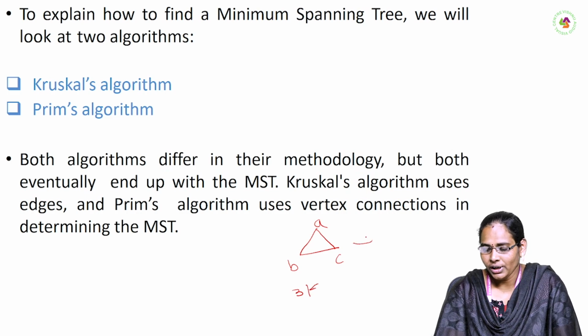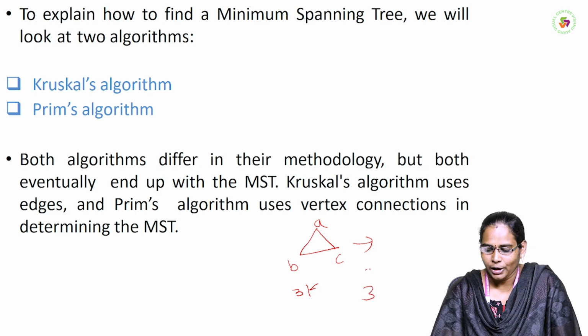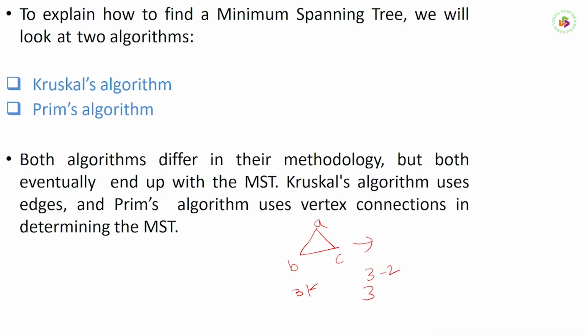Now, how many spanning trees are possible? By using the formula n power n minus 2, it is 3 power 1 equals 3. That means 3 spanning trees are possible. So, what are those spanning trees? So, these are the 3 possibilities of spanning trees.